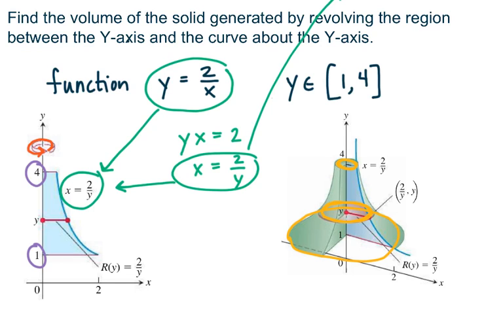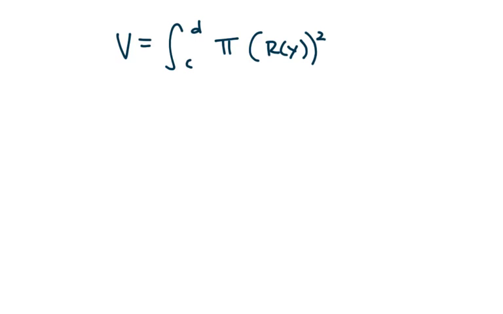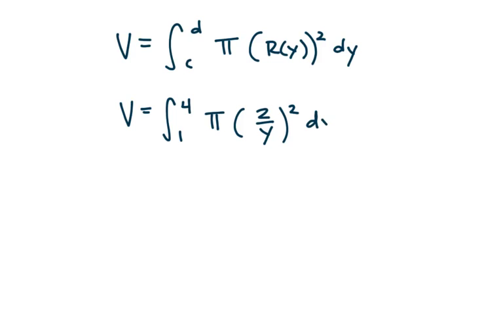All right, so let's set this up now that we understand what we're looking at. In order to find the volume, remember, it's going to be the integral from c to d of pi times whatever that radius as a function of y is, squared, integrated with respect to y. So in this situation, we're going to have V equals the integral from 1 to 4 of pi times my function, 2 over y, quantity squared, dy.